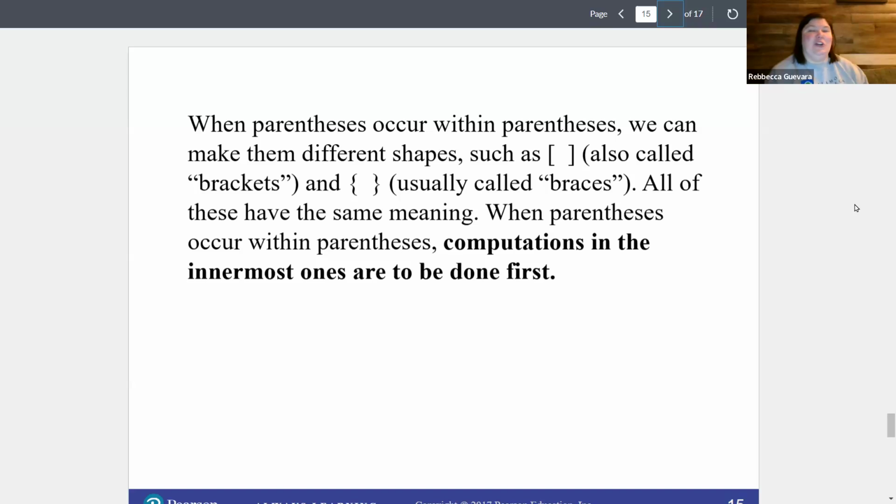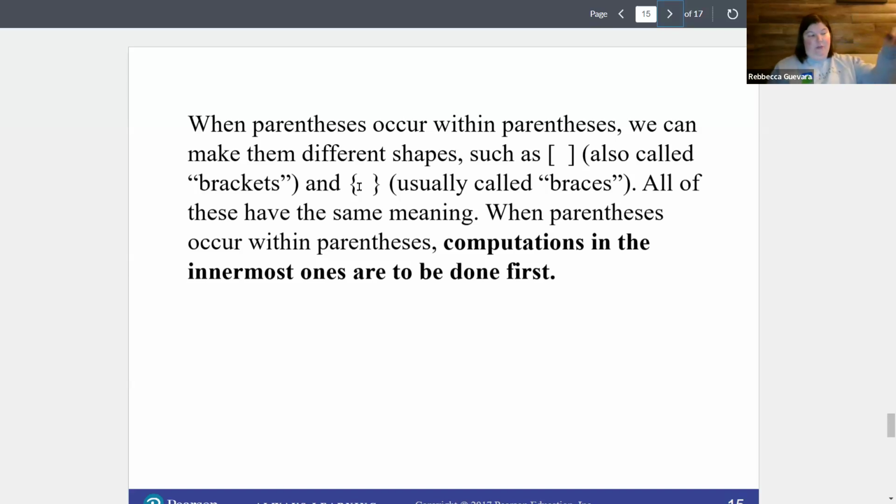When parentheses occur within parentheses, we can make them different shapes. So we can sometimes make them brackets, and sometimes we'll make them what we call braces. They get called set brackets later. All of these have the same meaning. They just mean that this is a group. When parentheses occur within parentheses, computation in the innermost ones is to be done first.